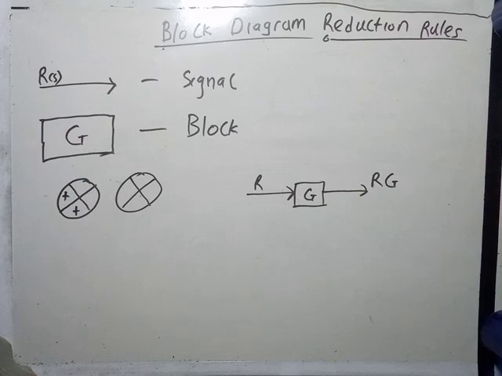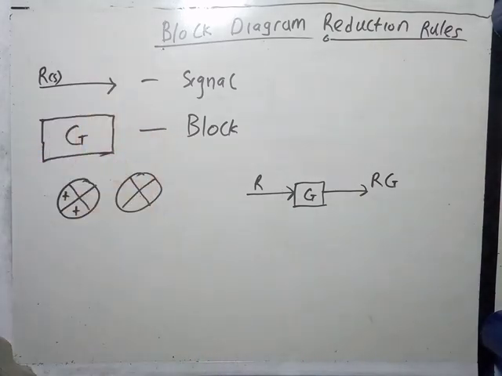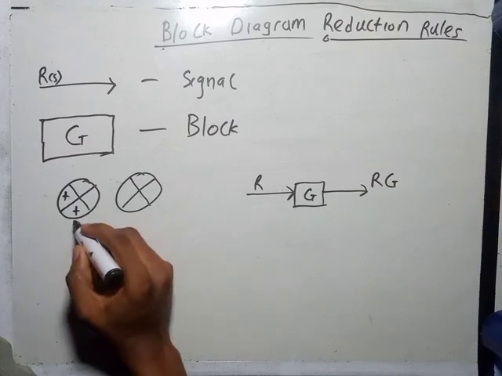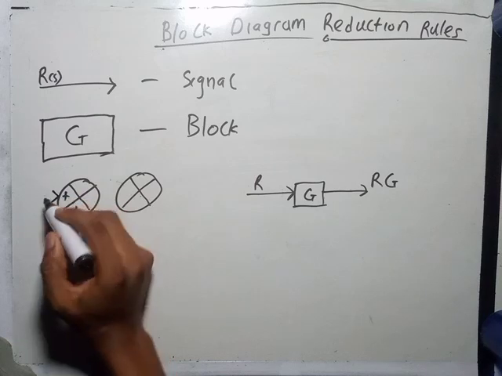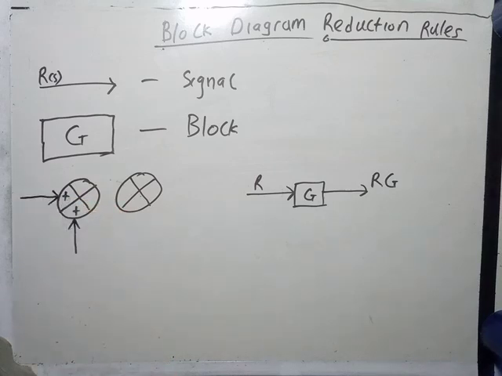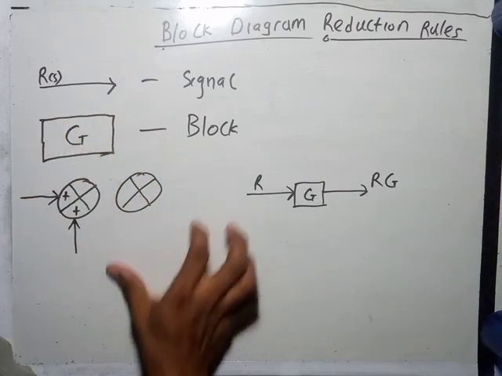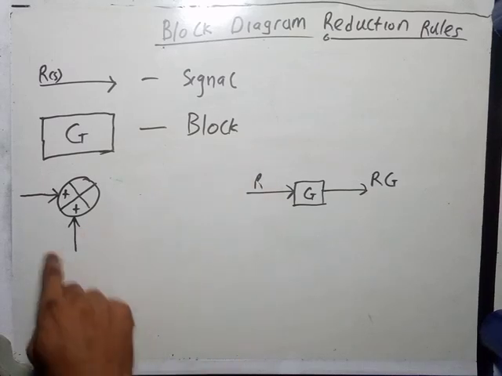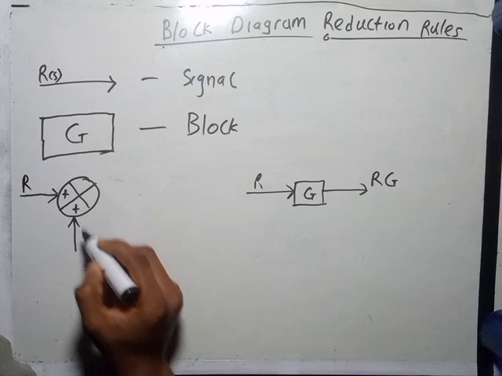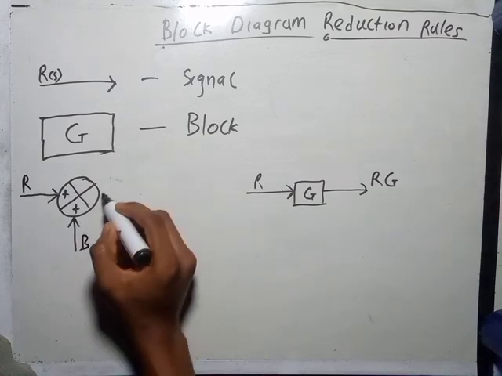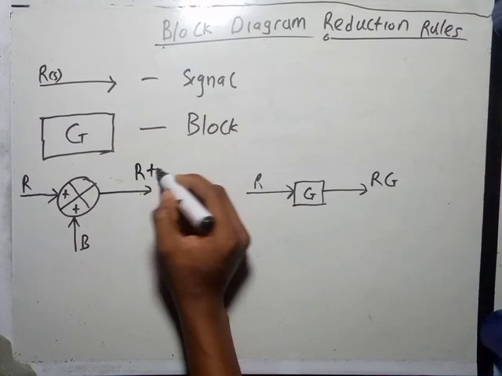The position of your sign depends on where your arrow or your signal or your line is coming from. We only assign signs to lines that have an arrowhead going in. So the summation of these two signals, let's say R and B, will result in R plus B.